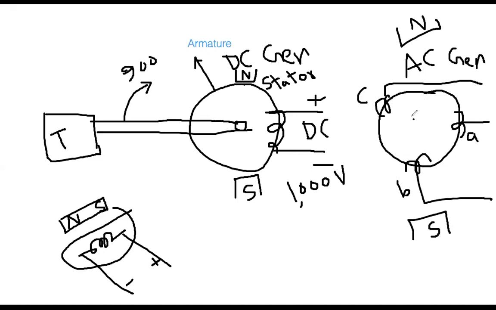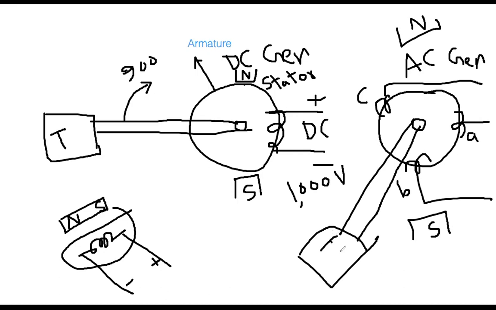And then, for example, I need again the shaft because I have to rotate it. And for example, this is the turbine, whatever it is, coal-based, oil-based, nuclear-based, steam turbine, hydraulic turbine, wind turbine, whatever it is, you need a prime mover or the turbine. And for example, this is rotating.